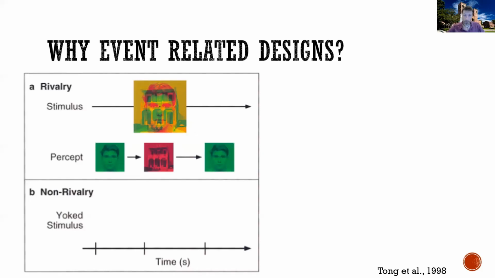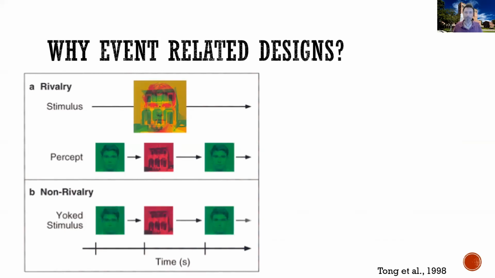So what Frank Tong did is, now that he knows that, for example, you spent 5 seconds, you perceived the face, then for 10 seconds, you perceived the house, then for another 5 or 6 seconds, you perceived the face, and so on and so forth. What he did is, as a baseline trial, he actually showed the participants faces and houses for exactly the same duration.